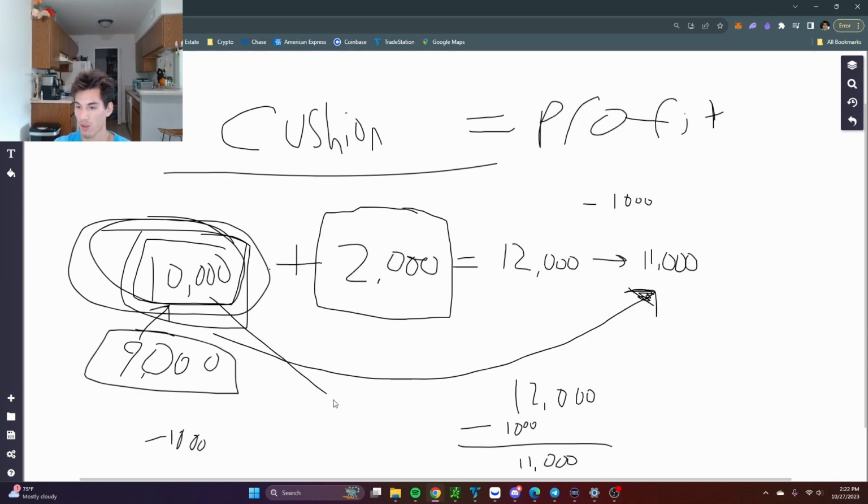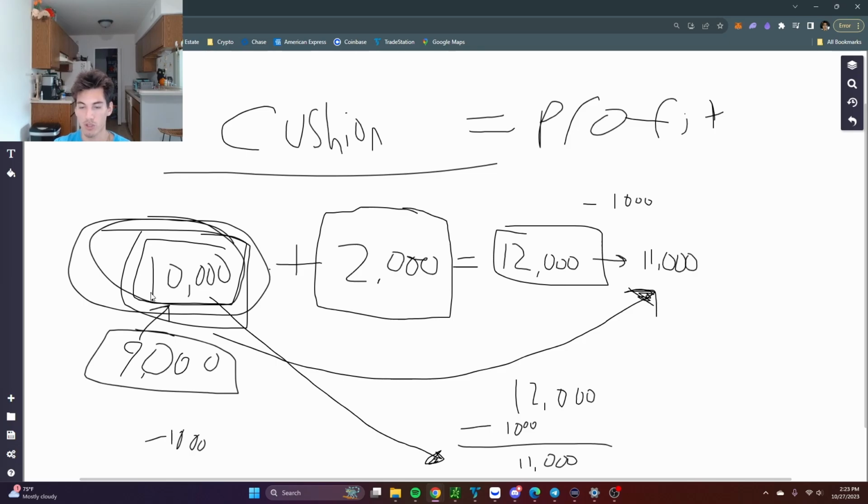But all in all, you're still up a delta of $1,000, right? And that's way better, even though you could have withdrawn $2,000 if you just wouldn't have traded anymore. But even if you could have withdrawn $2,000 and taken back 12,000, you deposited 10,000. It's still just a better feeling.